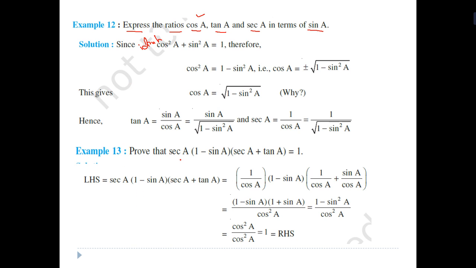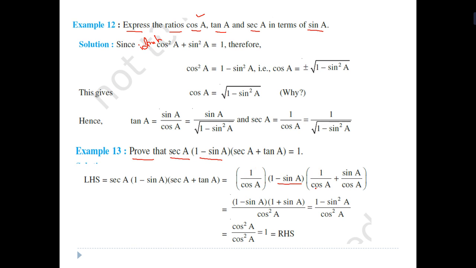Another one, by using identities we have to prove that sec A (1 minus sin A)(sec A plus tan A) equals 1. First, always remember that everything we have to convert into sin and cos. This is a basic rule of trigonometry: convert all functions into sin and cos. So sec A is 1 upon cos A, and 1 minus sin A as it is.